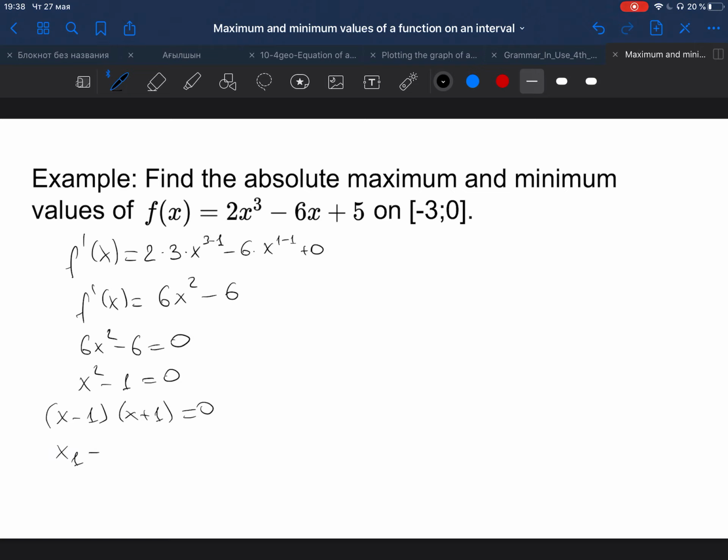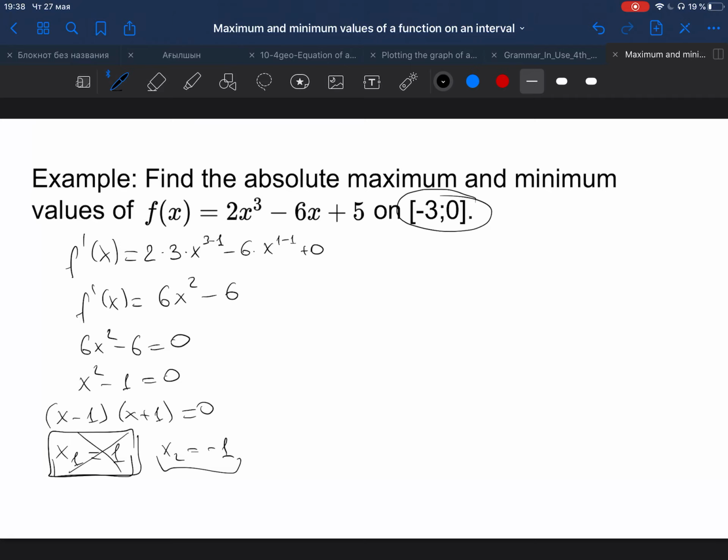The first root will be 1, the second root will be minus 1. These are critical points. Here we have two numbers, 1 and minus 1. We can't use the number 1 because it is not included in the given interval. From that, we don't take this number.